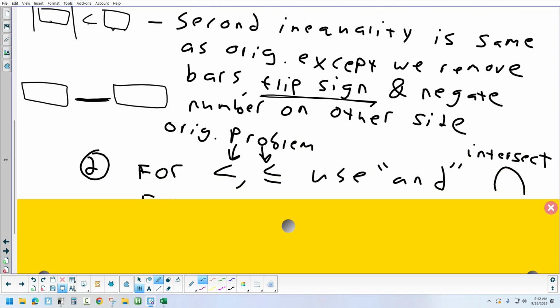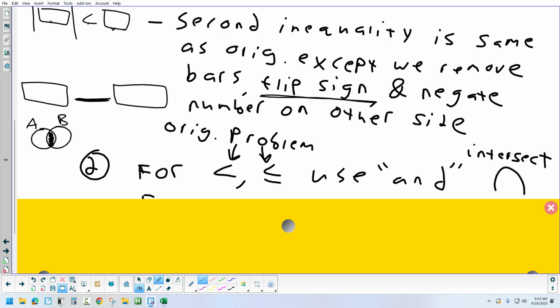So if the original problem has less than or equal to, we use an and. Mathematically, that's called an intersect. Right? Think of a Venn diagram. If I said to you, tell me all the data points that are in A and B, it's where A and B intersect each other.